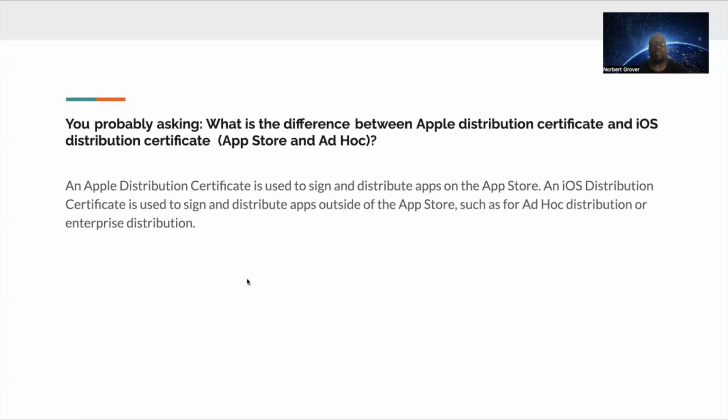So you're probably asking, what is the difference between the Apple distribution certificate and the iOS distribution certificate, just in case you didn't get it the first time. An Apple distribution certificate is used to sign and distribute apps on the App Store. An iOS distribution certificate is used to sign and distribute apps outside of the App Store, such as ad hoc distribution.